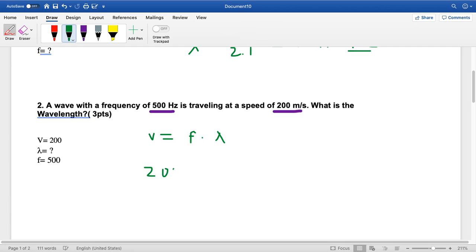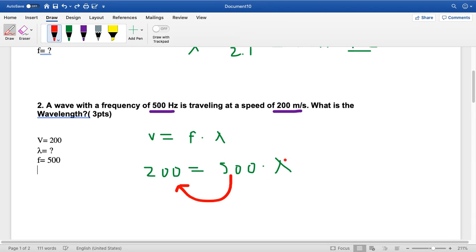So 200 equals my frequency, which is 500, times lambda. So in this method, I'm not using the triangle. It'll give you the same answer, but I'm just plugging in and then rearranging and solving. Okay, so now I want to find wavelength. So that means I have to basically get this 500 to the other side so I can get this by itself.